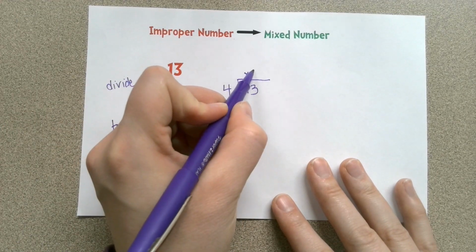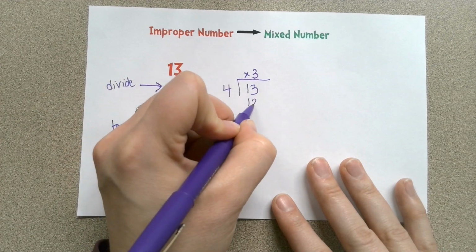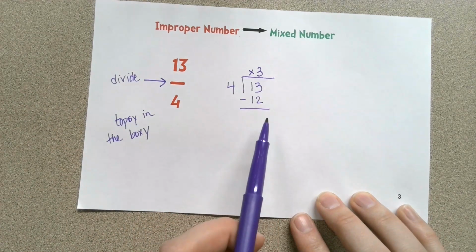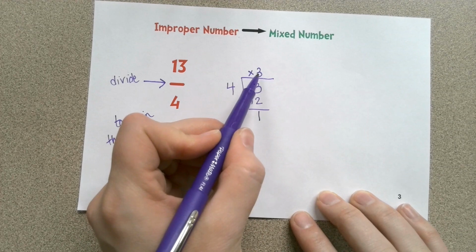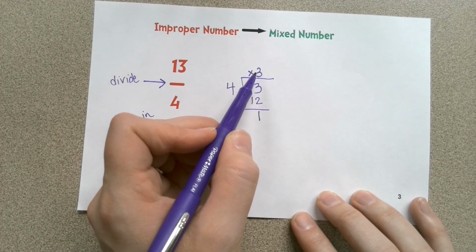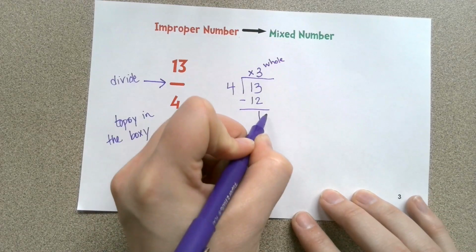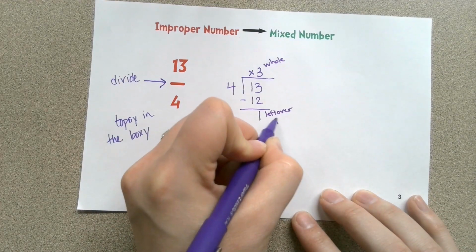And we can do that 3 times, because 3 times 4 is 12. And when we subtract, we've gone all the way to the end of our number, and we have 1 left over. So it worked 3 full times, so that's the whole number, with 1 left over piece.